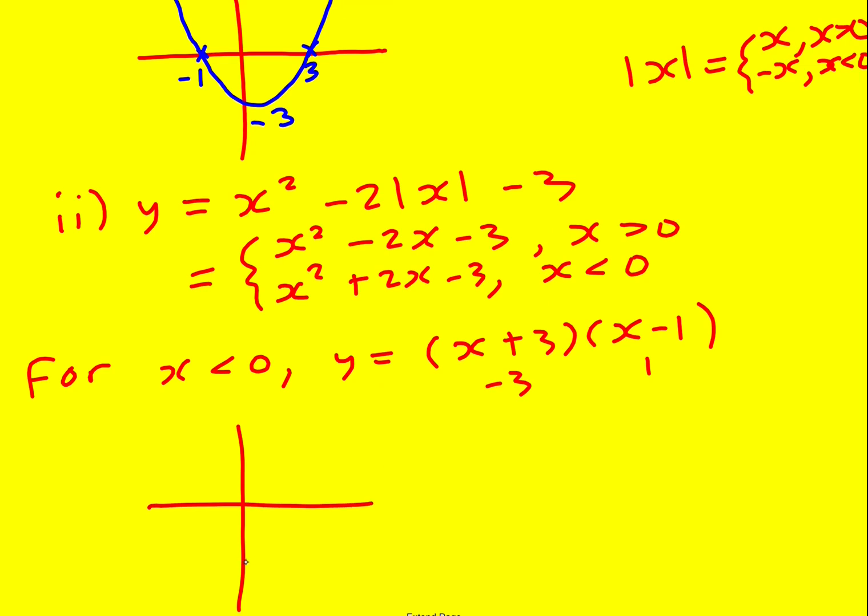Okay, so I'm going to draw it so it looks the same as, yeah, that's all right. 3 and minus 3. And then we're going to get a root at minus 3 with an intercept of minus 3. It's actually going to be a reflection. And it will look like this.